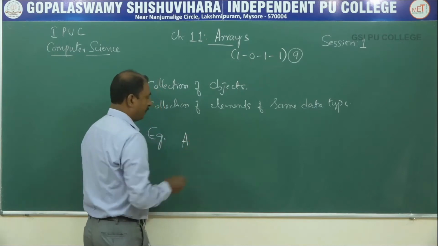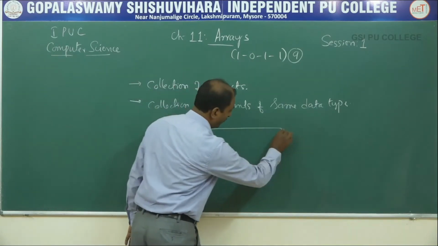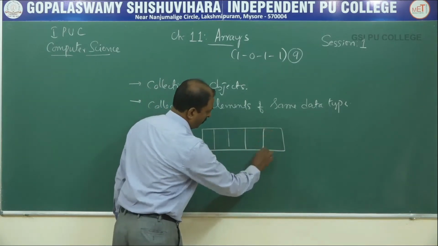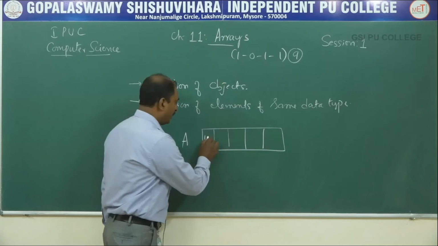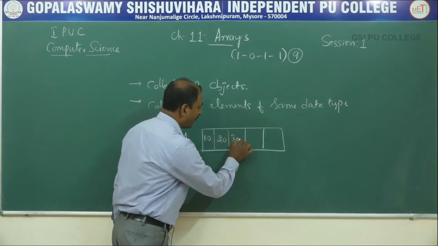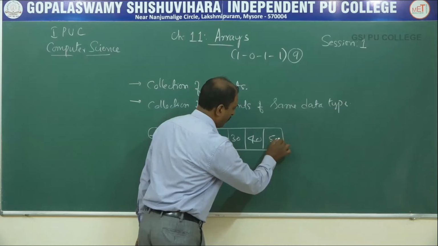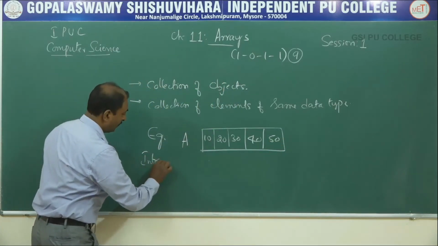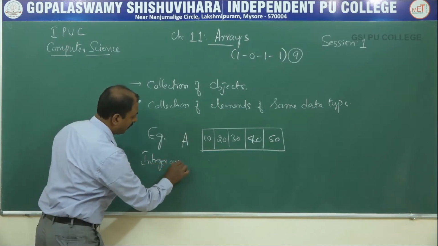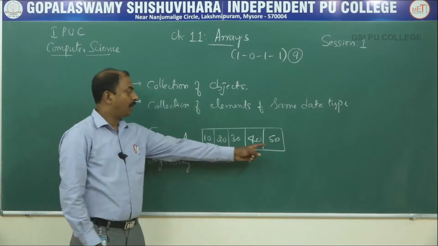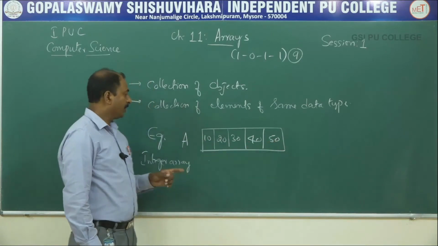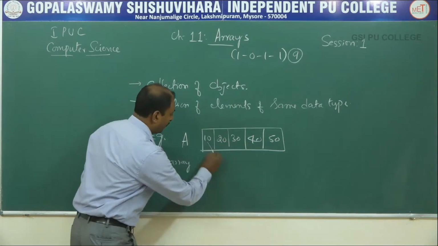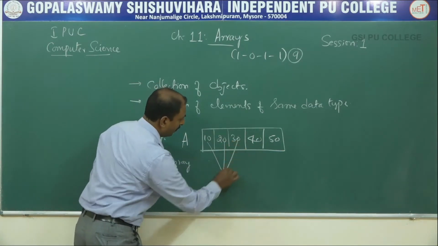Now let us see, for example, here let A be an array of elements. These are the elements of an array, and this is an integer array where all the elements are of the data type integer. In this one, A is the name of an array and these are all elements of an array.